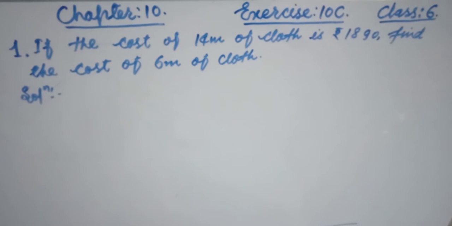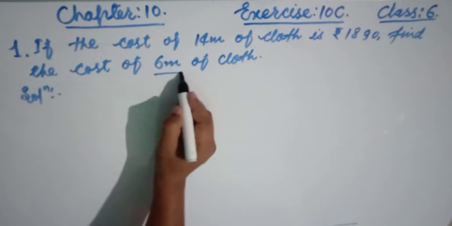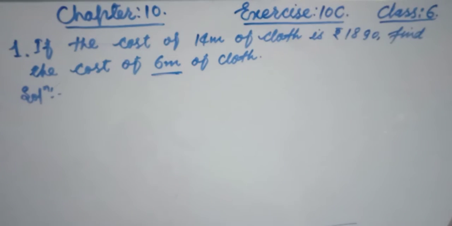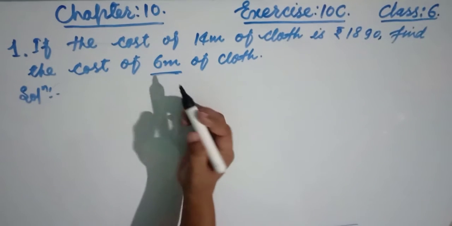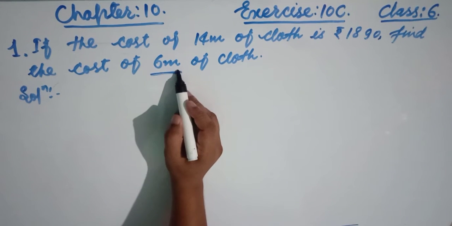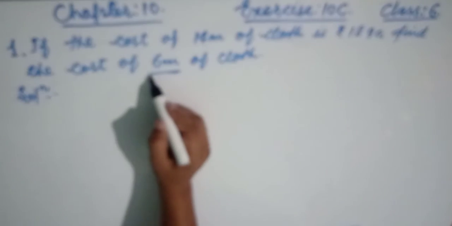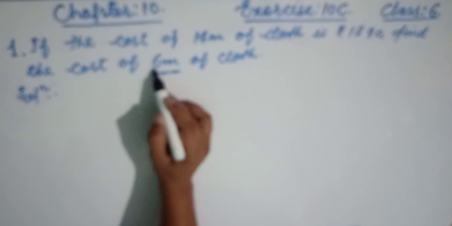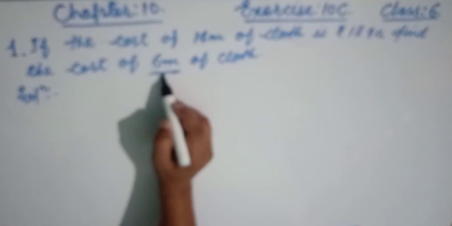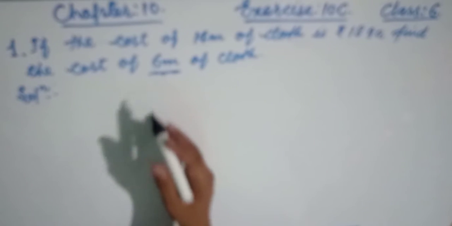Here the required number of units is 6 meter. So first we have to find the value of 1 meter, then afterwards multiply with 6, we will get the required solution.